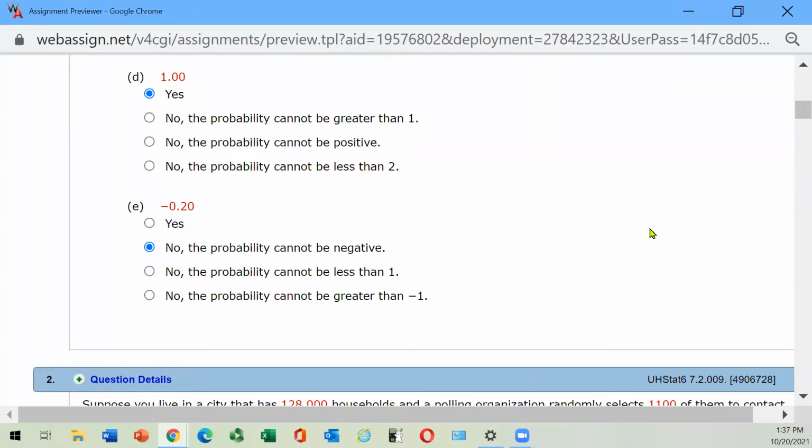No. 7/8. Is that okay as a fraction? 8/7. Right. So if it's going to be a percentage, it has to be between 0 and 100. If it's going to be a fraction, it has to be between 0 and 1. If it's going to be a decimal, it has to be between 0 and 1. And that's pretty much it.